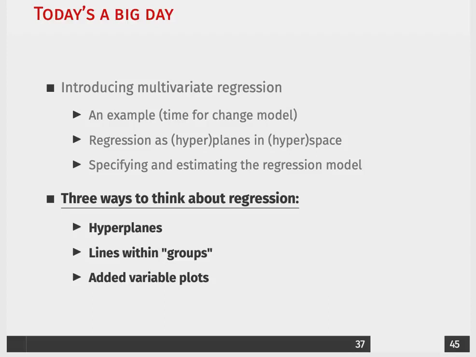I want to end this first lecture on multiple regression by, again, trying to drive home the different ways that we can think about what we're trying to achieve when we have multiple covariates that we think help predict or explain variation in an outcome.